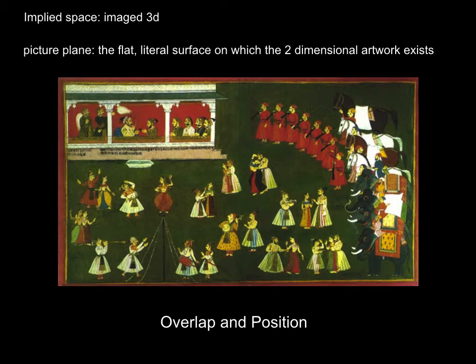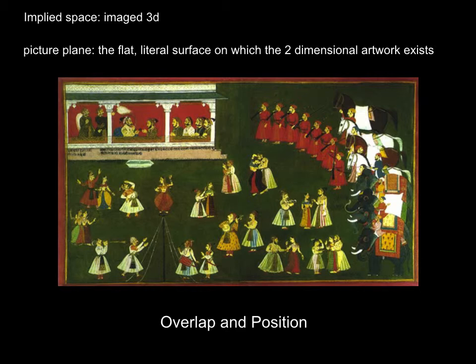Implied space is imagined three-dimensional space. We can actually think about it as something that's known as the picture plane, or the flat literal space on which the two-dimensional artwork exists. How is space implied in this piece? What's closest to you and what is furthest away?